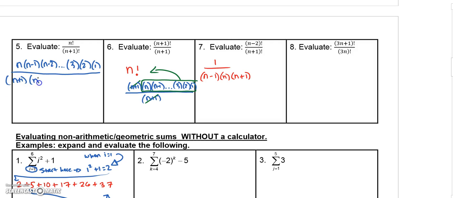Well, n plus 1 minus 1, that's n. Then I have n minus 1, n minus 2. I don't know how many terms are in the middle, but I know I'm stopping when I get down to 3 times 2 times 1 at the end. Well, what's going to happen here? Look for these common factors. n cancels n, n minus 1, n minus 1. All of these will cancel with all of these. I'm not left with 0. I'm left with 1 on the top, and I'm left with n plus 1 on the bottom. So this is 1 over n plus 1.